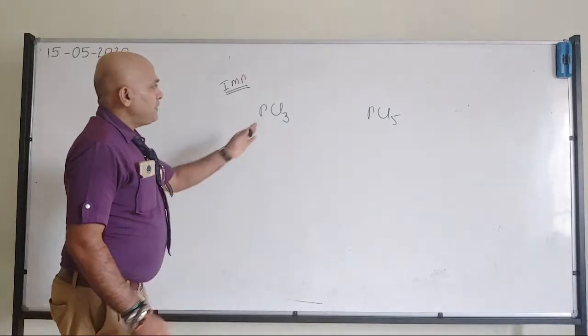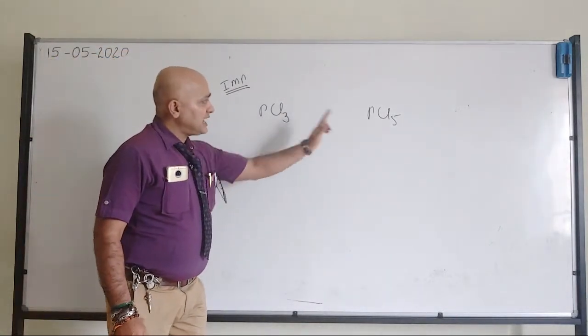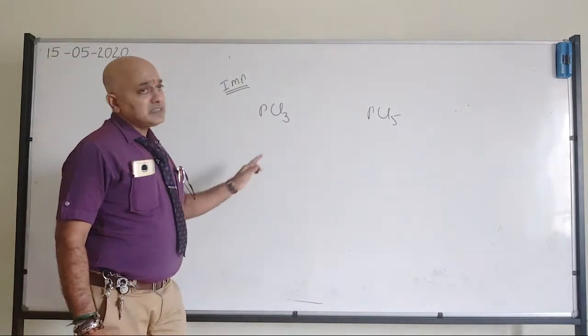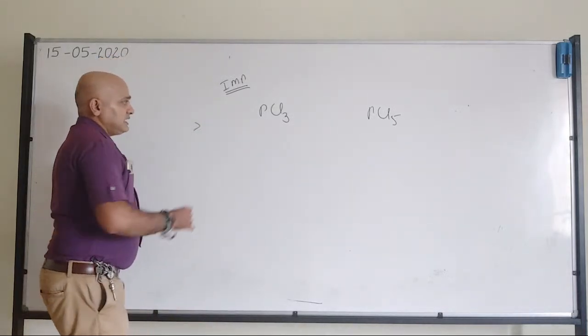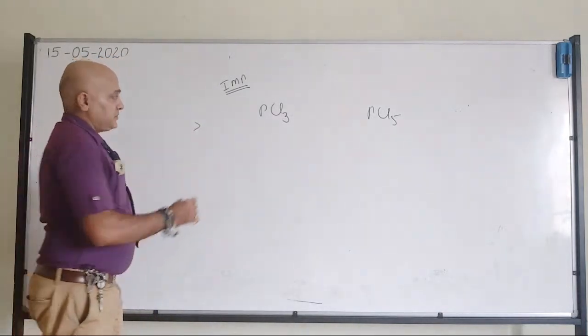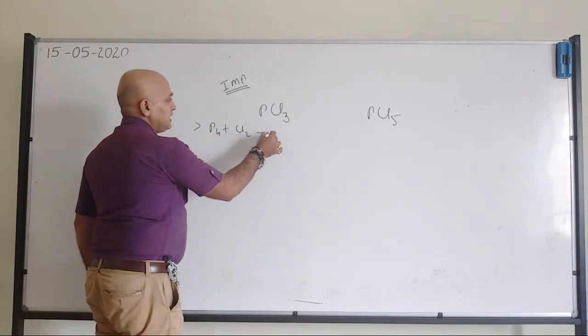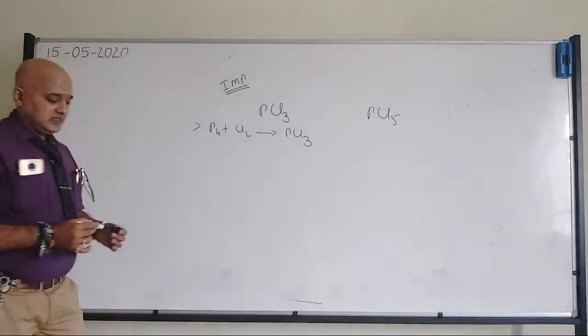Now, why have I made it 2 columns? To make it easy to understand the different reactions. But what is meant for only one, that I will write separately. For example, PCl3: when it comes to preparation, when white phosphorus is treated with chlorine, it can give rise to PCl3.